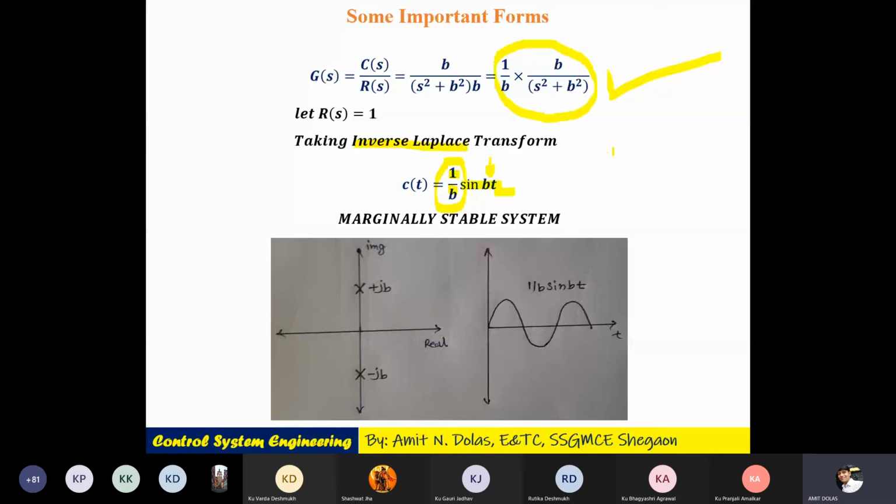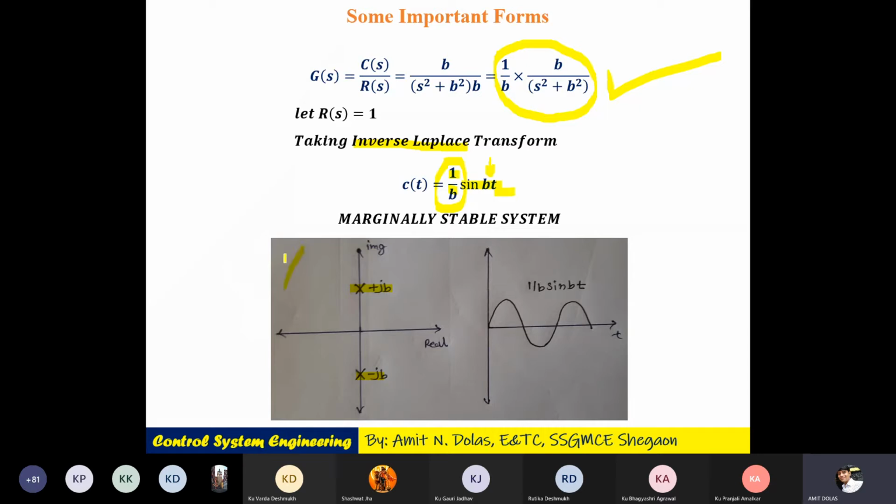In the upcoming examples, there are 15-16 examples in our PPT, where you will calculate poles and zeros everywhere, and there you will understand how we get a real pole or a complex conjugate pole. So the poles for this will be plus jb and minus jb. It is a complex pole, and where is it located?